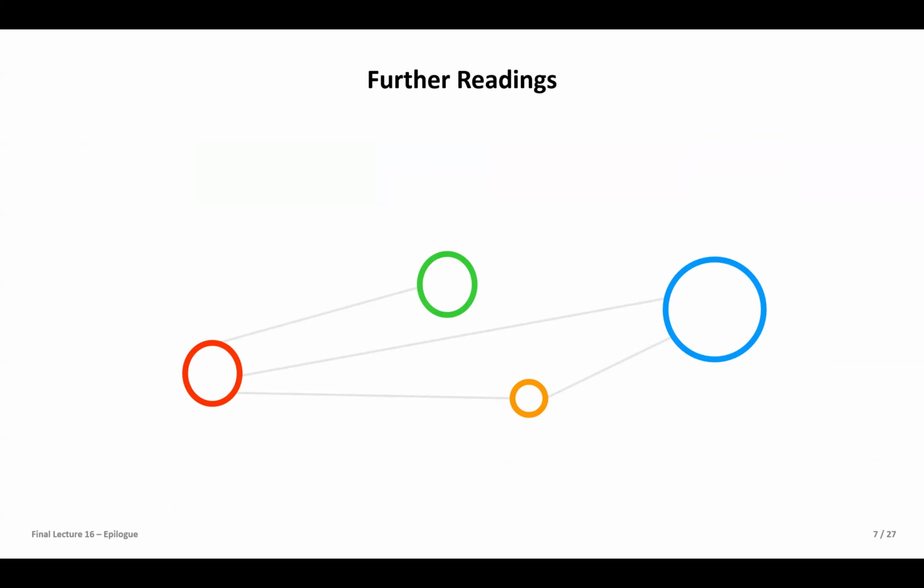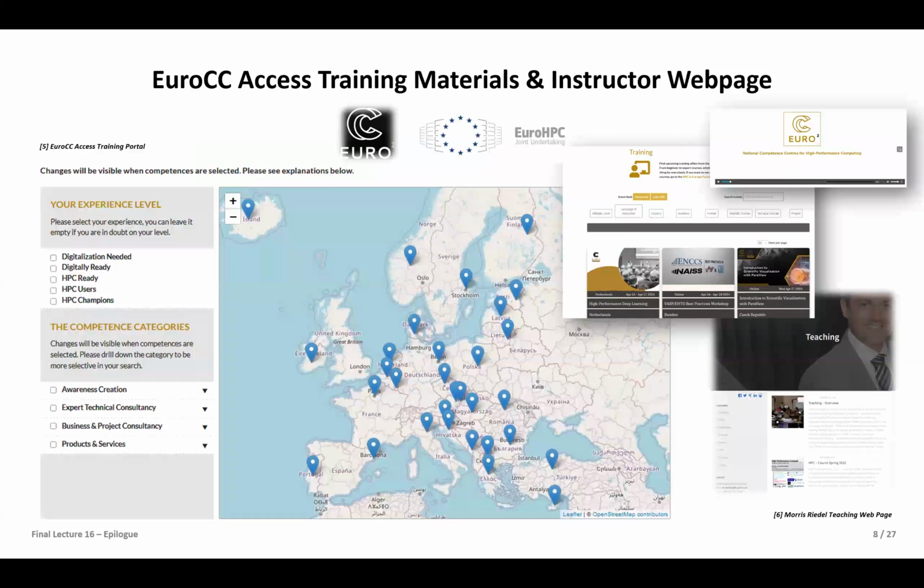When you want to read more about it, of course, obviously today we have a big internet. So there's lots of material around it. One of the training materials I would encourage you to read is our EuroCC Access Training Network. The competence centers, many of you have been in our Icelandic HPC workshops, which are organized by the National Competence Center of Iceland.